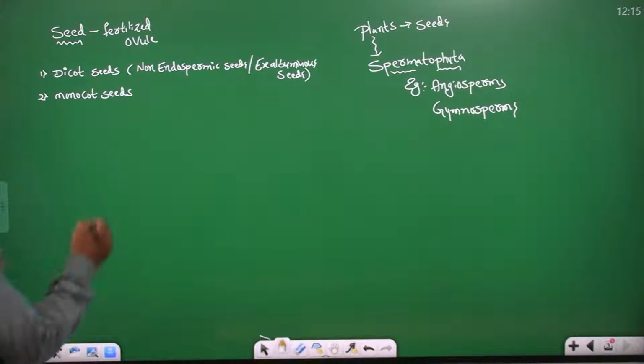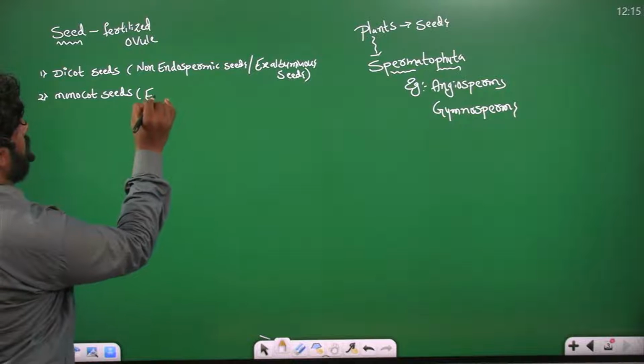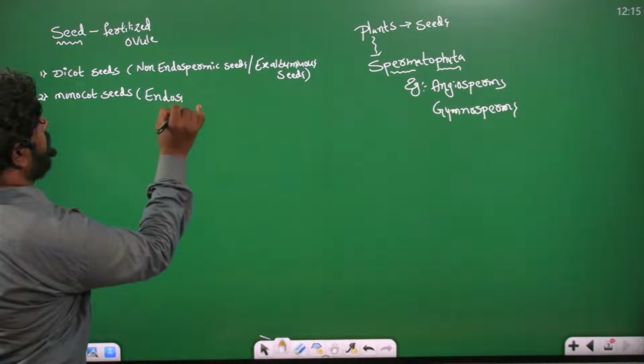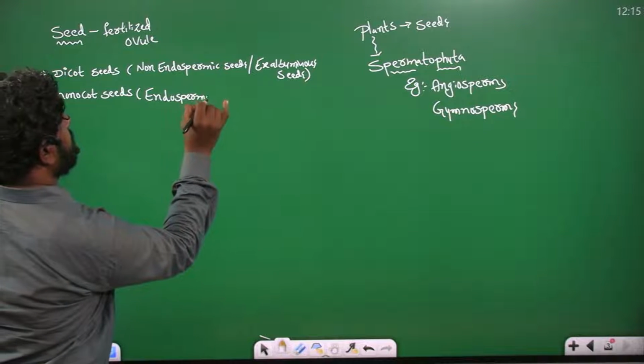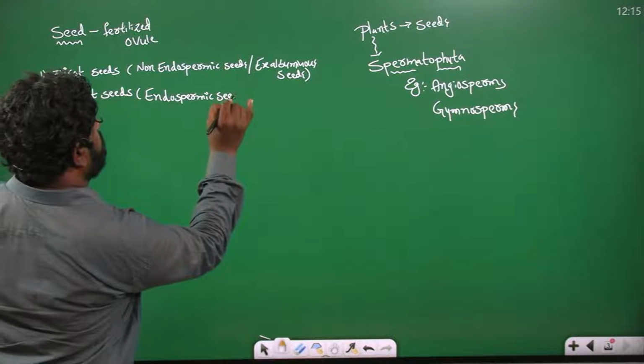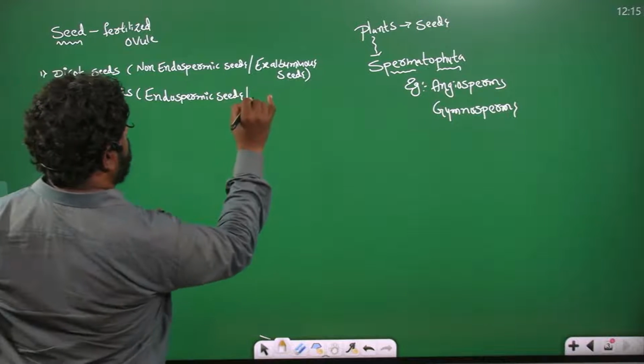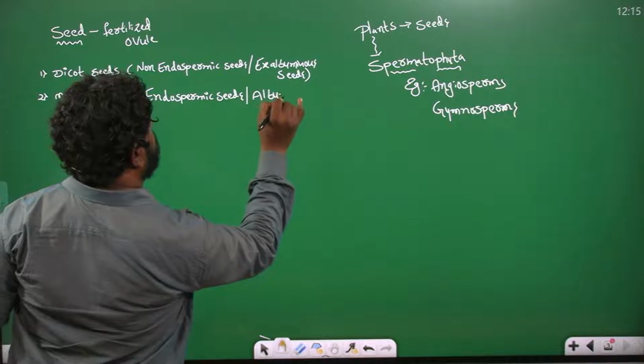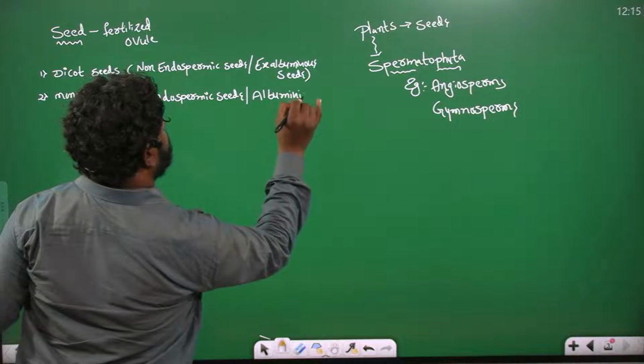And monocot seeds are also called endospermic seeds, also called albuminous seeds.